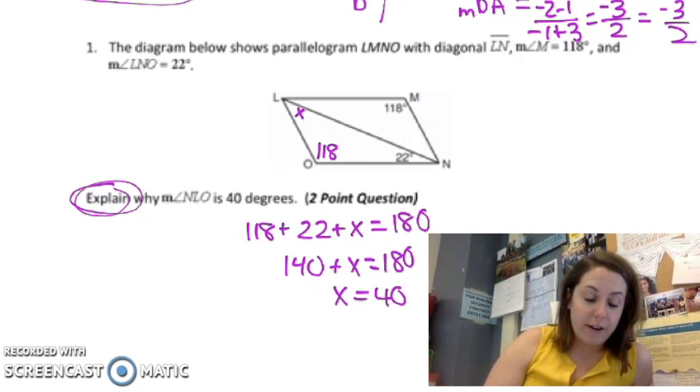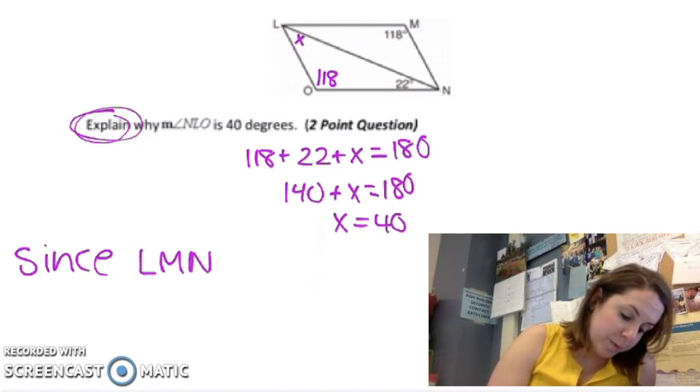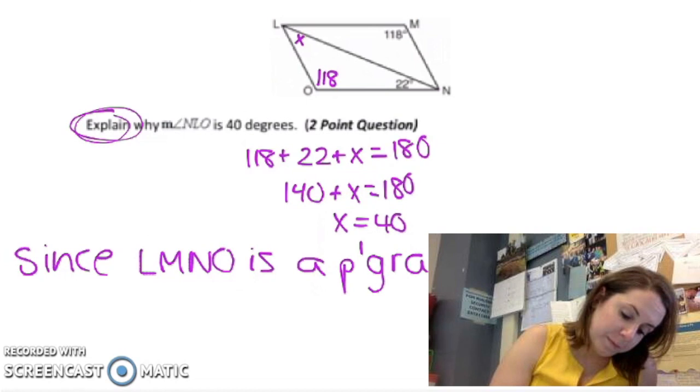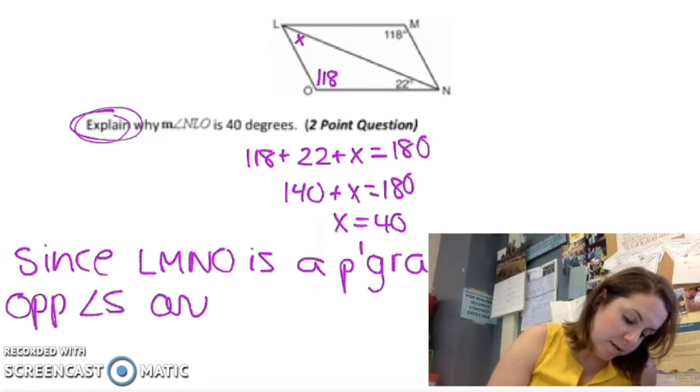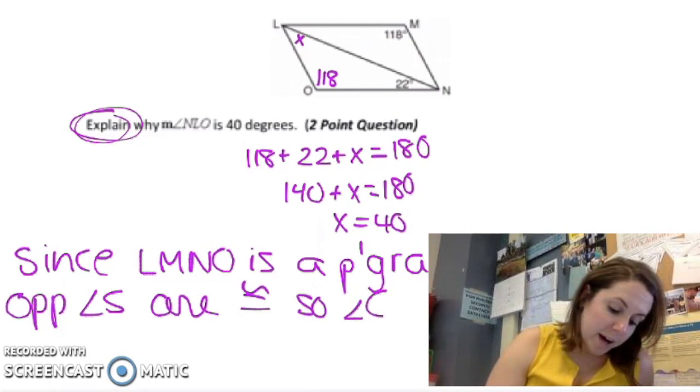So what I would say here is, since LMNO is a parallelogram, opposite angles are congruent. So the measure of angle O is 118 degrees.